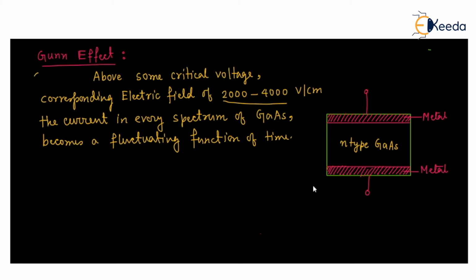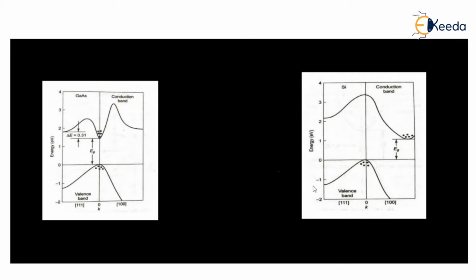So let us understand this. What does it mean? To understand this, we have to go for the direct and indirect bandgap semiconductors, which we have already discussed. So let us see how we can understand this Gunn effect. As in our previous discussion of the Gunn effect in part 1, we have seen this E-k band diagram.